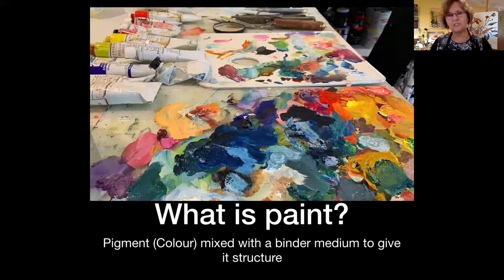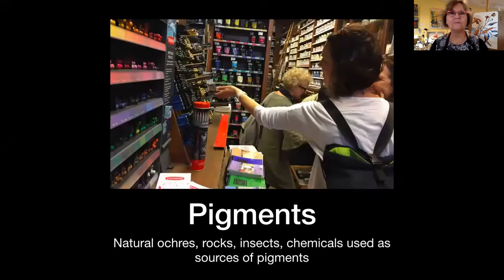And that structure can be at different viscosities. So you might have a really watery paint, watercolour for instance, or you might have quite a thick paint that sits up and sticks to the canvas or the page like a lump, which is impasto style.